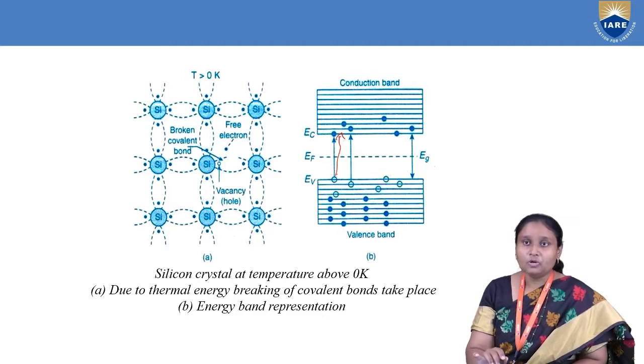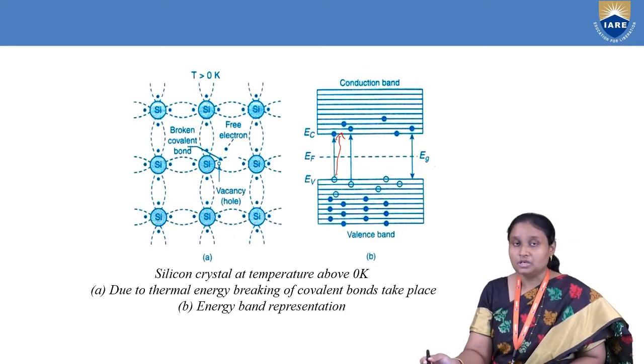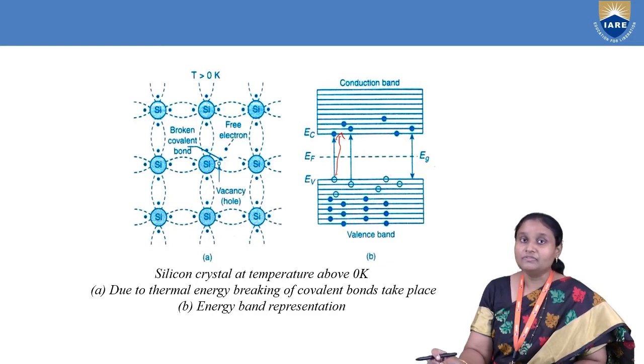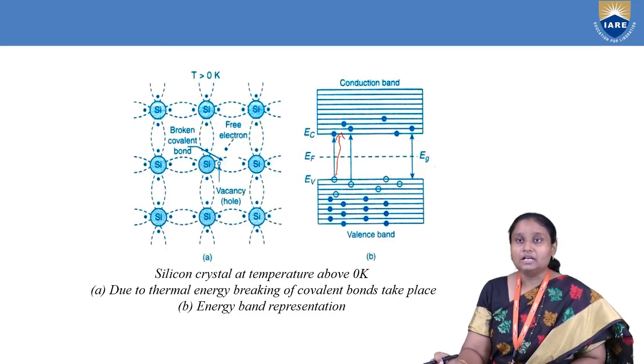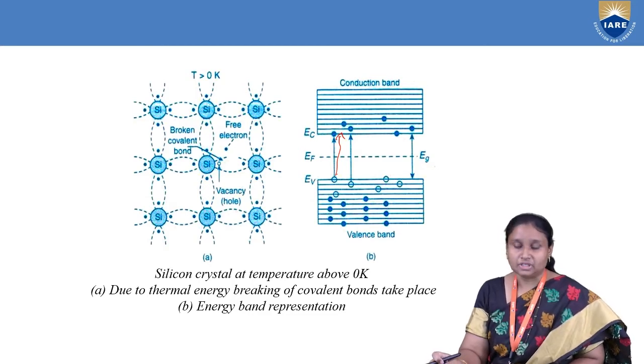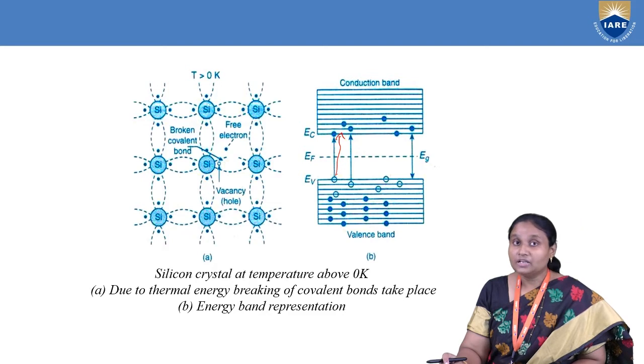So depending upon how many transitions are taking place, based on that we'll have so many electron hole pairs. So we'll observe that only in intrinsic semiconductors we'll have equal number of electrons and holes, both in conduction band and valence band respectively. So that's why when we are trying to find carrier concentration in intrinsic semiconductors, what do you mean by carrier concentration?